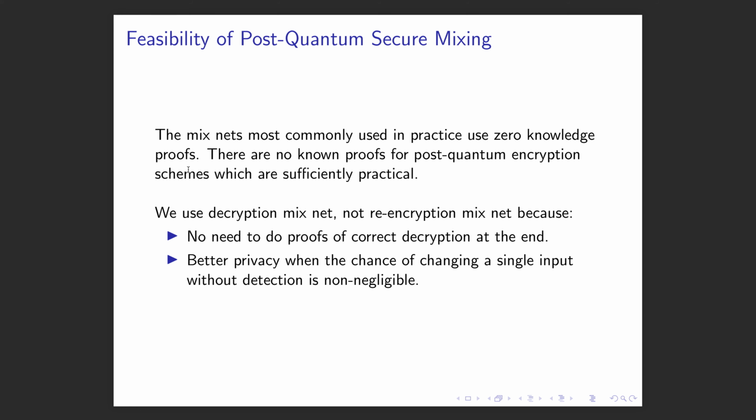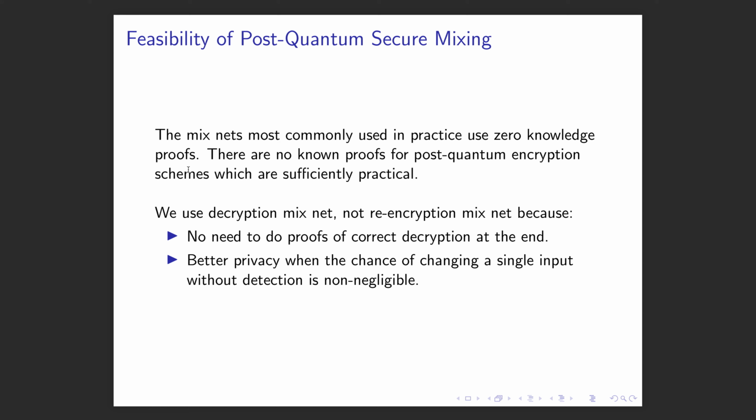Okay, then there's another reason, which is you get much better privacy. Let me explain how this works. So with the re-encryption schemes, if you can change a single input, so maybe for integrity you don't care very much that you can change a single input, but for privacy, if you can change a single input, it's terrible, it's catastrophic.